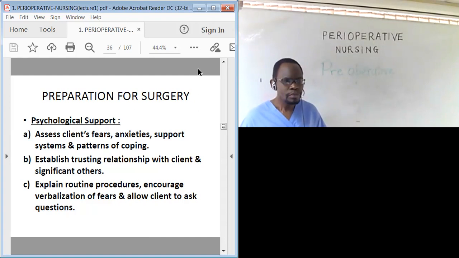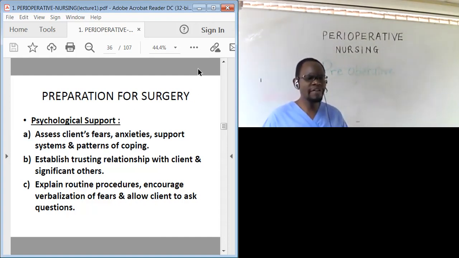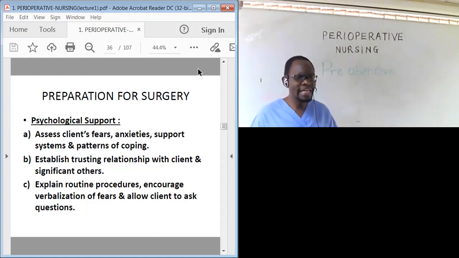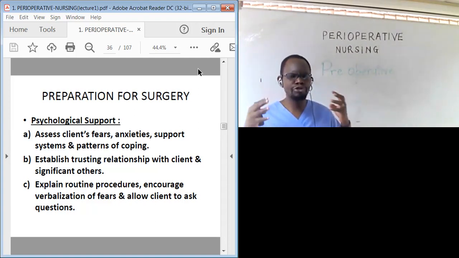Then it is the role of a nurse to establish what we call a trusting relationship with the client and significant others. Make sure that the client really trusts you.